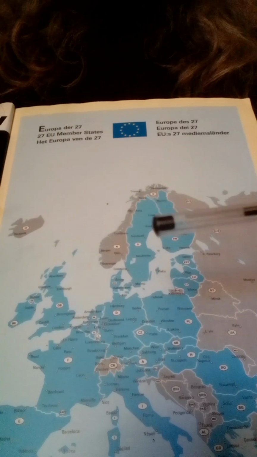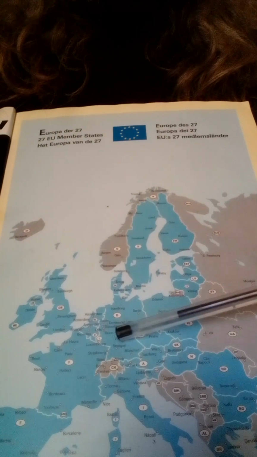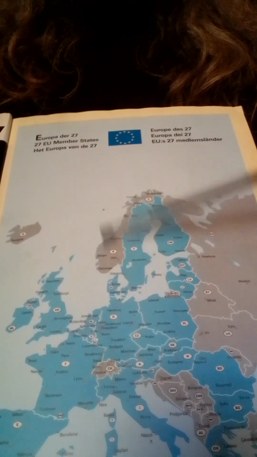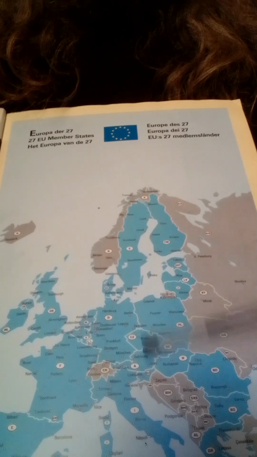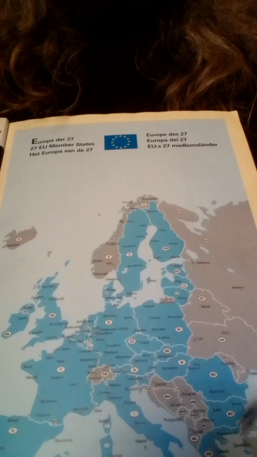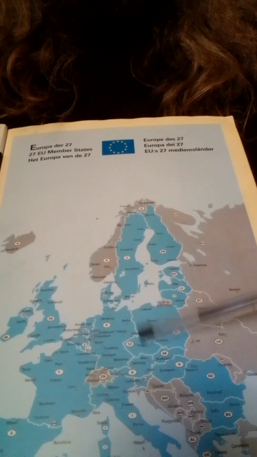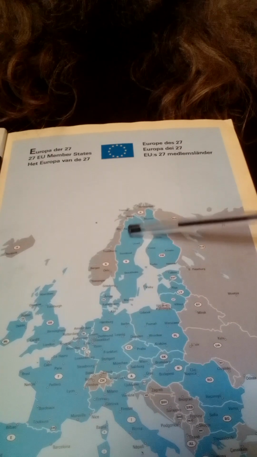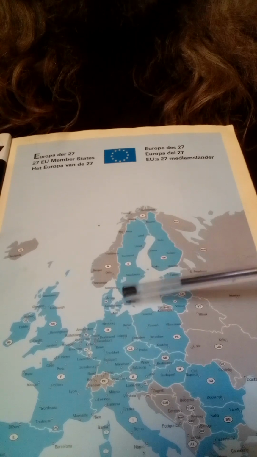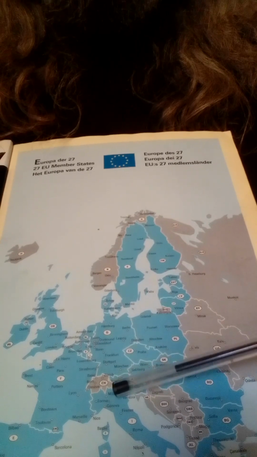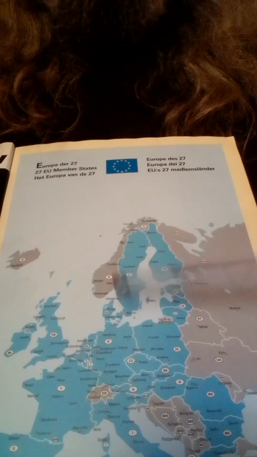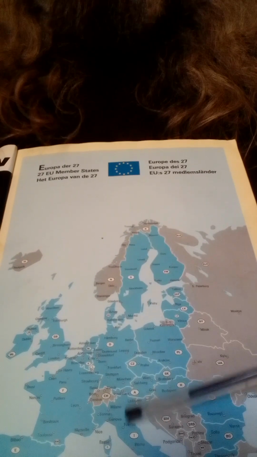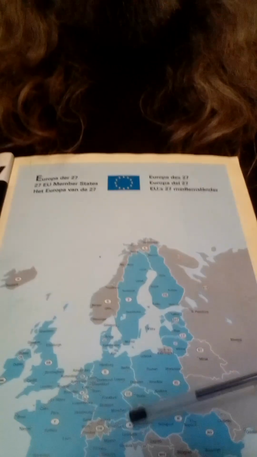If you can see, here is the western part of Europe. Here is the eastern part of Europe, and down the middle here, running through Sweden, through Germany, through Austria and through Italy, is what at one time were called the Central Powers.